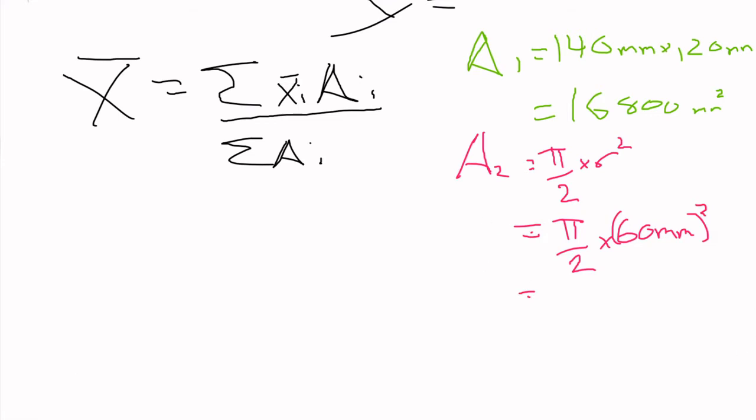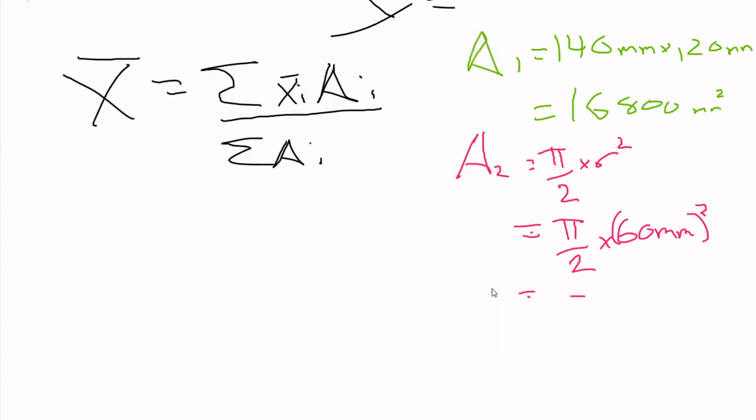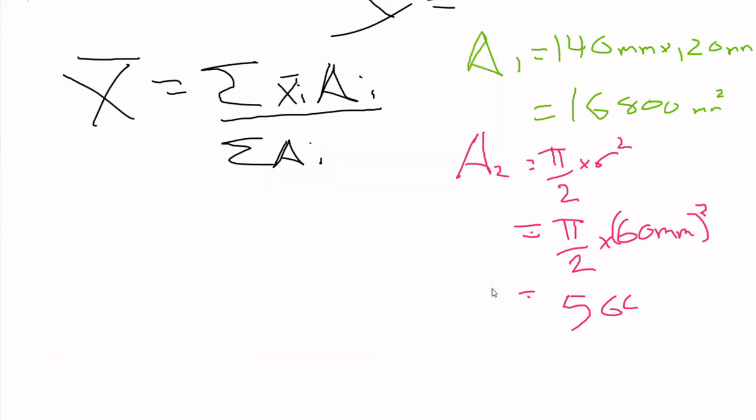And what's that give us? 60 times 60 times 3.1415 divided by 2. All right, 56... 55.